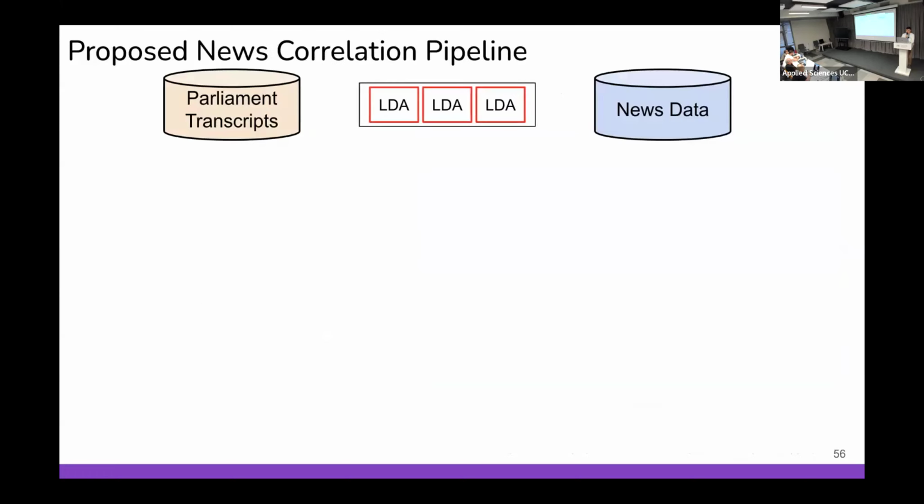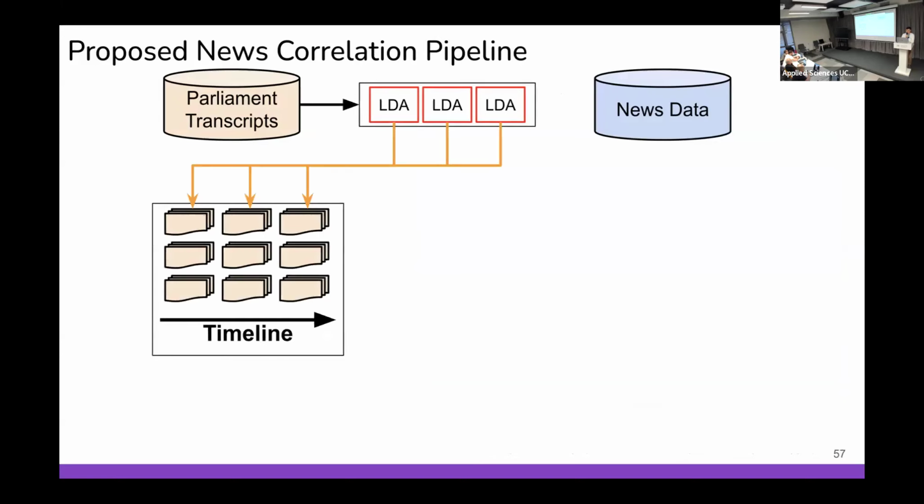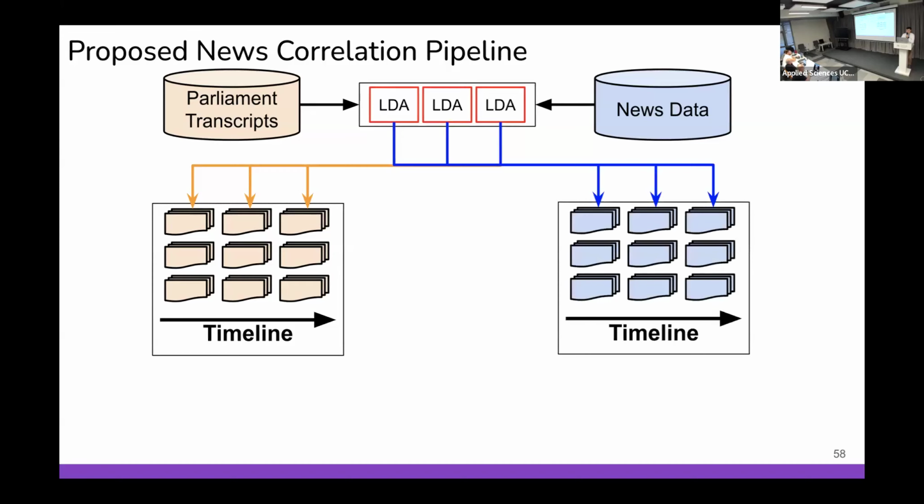The next step is the correlation pipeline. For example, we have parliament data and news data, and we are applying the LDA model to this data, and we are getting topics, words, and probabilities. We apply the same to the news data.